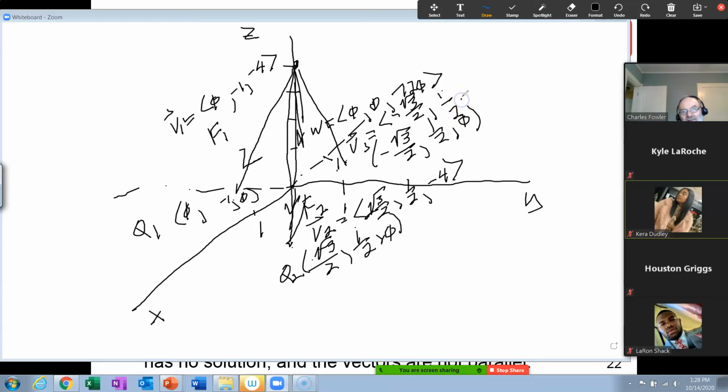Can't read my writing here. There's negative 4. That's the vector part. This was a, there's the vector.